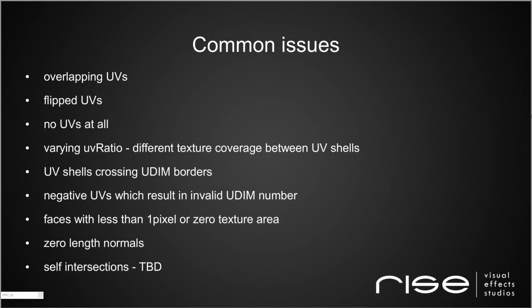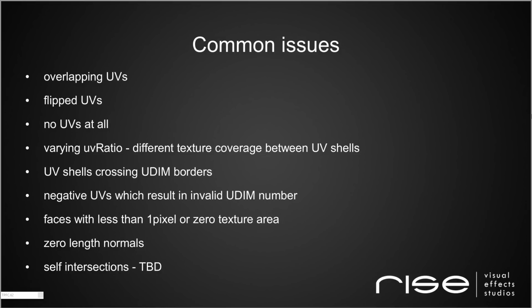It's like one UV shell covers more space in UV space than the other shell. Sometimes you want that and it's not actually a bug, but it's just for checking. Then, of course, we do not want UV shells to cross over UDIM borders, so that's another check we do.